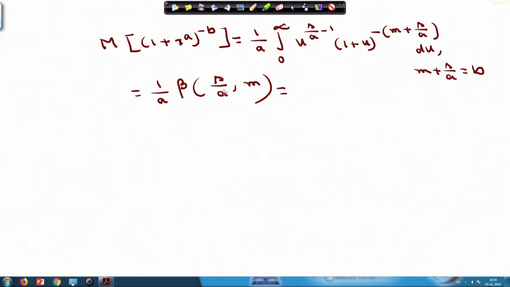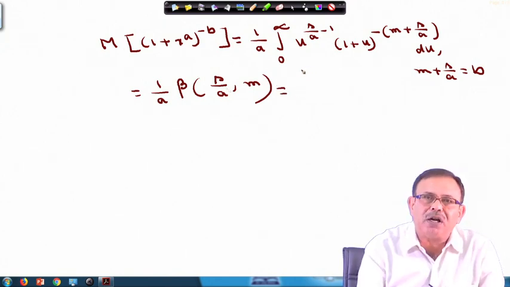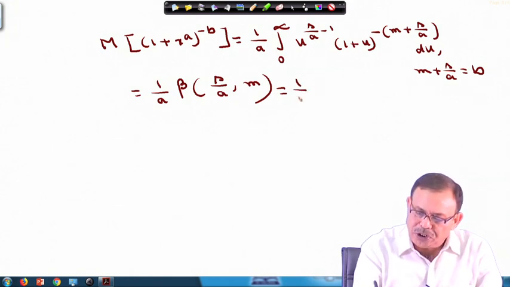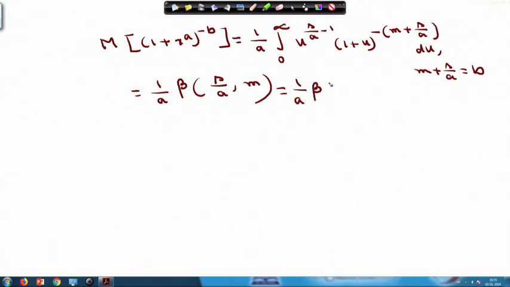I am not showing how it is coming, because directly from the integral I can obtain this particular value. This integral value, if I evaluate, I can represent in terms of the beta function. So, if I replace this m, this will be 1 by a, beta s by a comma b minus s by a. I am replacing m with the original value. So, it is in the form of beta m n.